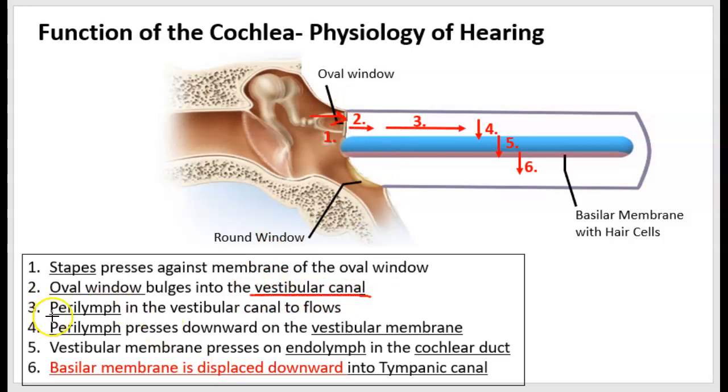This causes the perilymph in the vestibular canal to flow or have a fluid wave. The perilymph in that vestibular canal then presses downward on the vestibular membrane. That's labeled as number 4.